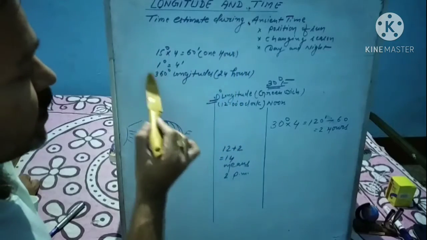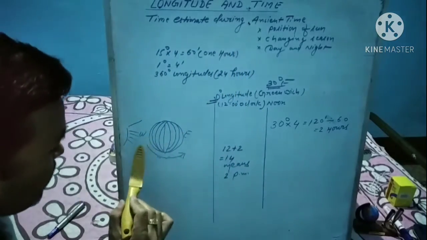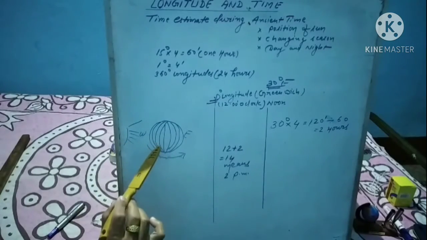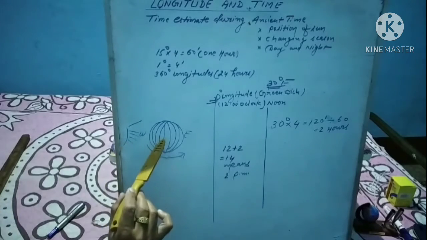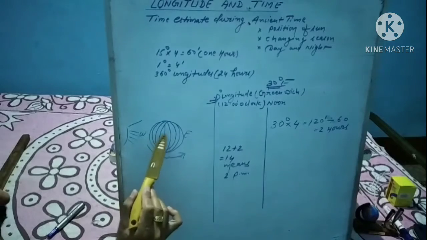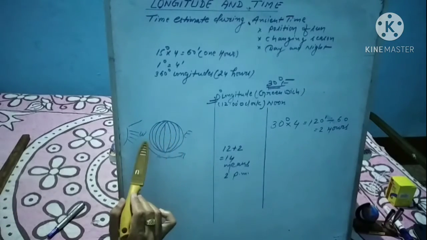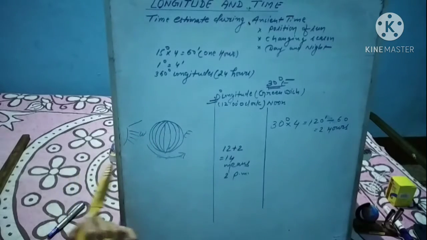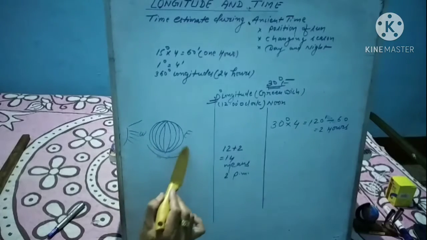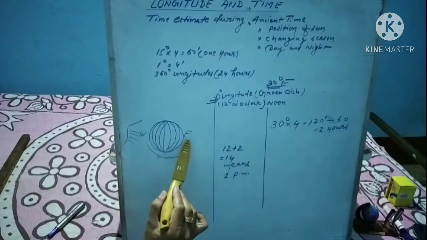What are the facts about this data? Actually, the sun is directly overhead on the earth surface, but the whole earth surface does not receive sunlight at the same time, because the earth is rotating, moving from west to east direction.